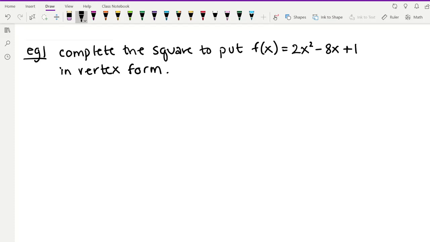One nice thing that I like to do for these types of quadratic functions is to remind myself of the goal. The goal in this case is we want our function to look like 2 times x minus h squared plus k. The important thing is that there's going to be a 2 out in front of that squared part.